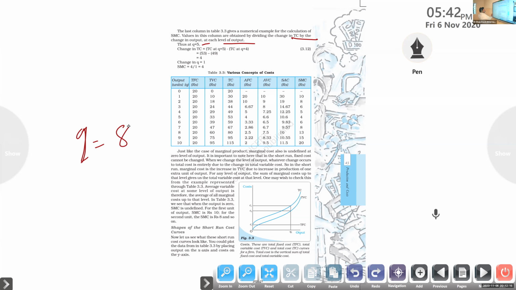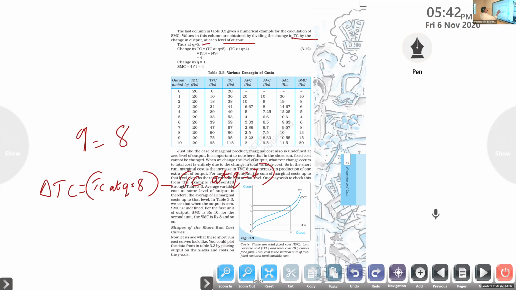Changes in the TC is equal to TC at Q equal to 8 minus TC at Q equal to 7. So we got that. What is the TC here?